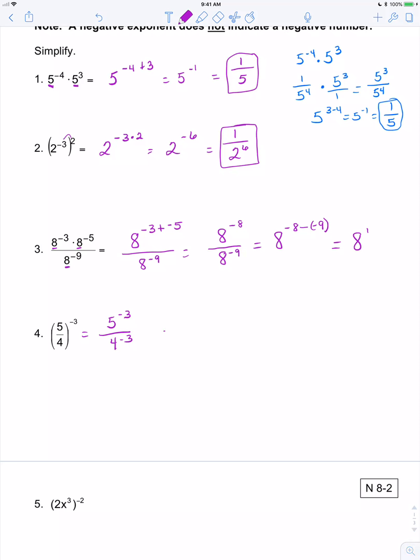So it needs to go to the bottom so that that 3 can be positive. Now the 4 raised to the negative 3 power is on the bottom. Well, it needs to go to the top in order to be positive. And so that is your final answer.